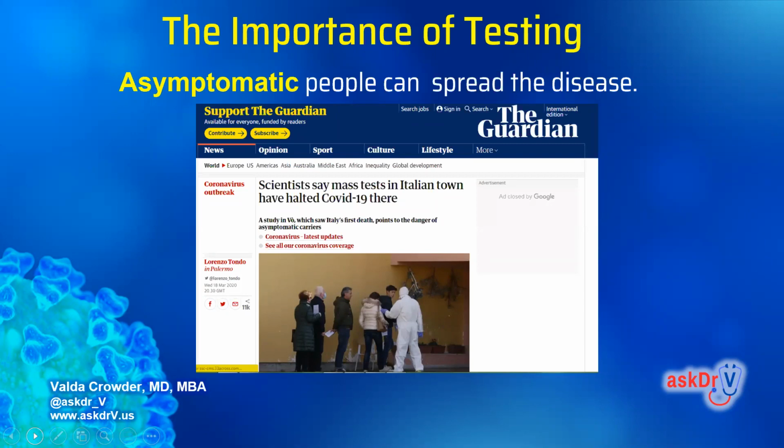When they tested everyone, they found about 12% of the people that were COVID-19 positive and asymptomatic. They had them self-isolate and quarantine for 14 days. After 14 days, 6 were still COVID positive. They had to do another 2 weeks. And then they were able to actually finally get Voi, Italy, COVID-19 free.